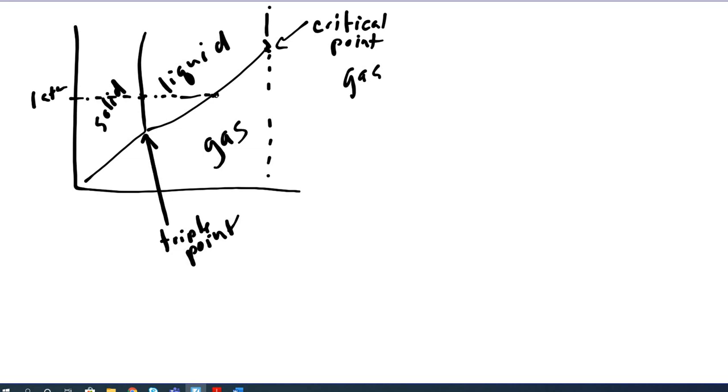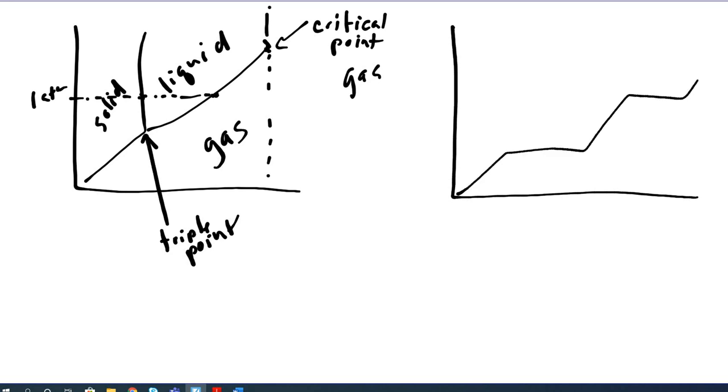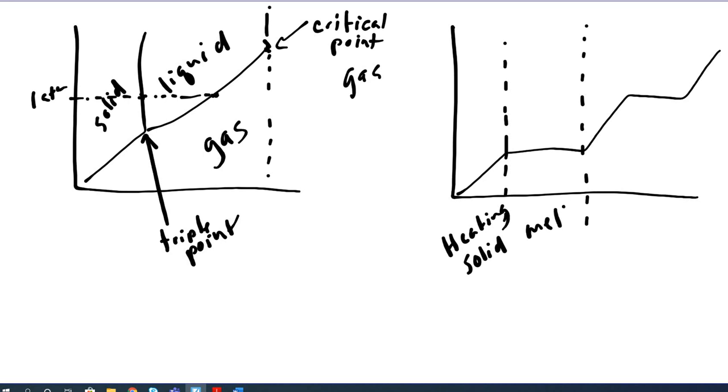Okay? That's one graph. The other graph that we sort of need to talk about or go back over is the one that looks like this. This one also tells me solid, liquid, and gas. In this section right here, I'm heating a solid. Here, I'm melting a solid, or freezing, depending on what way I'm going.